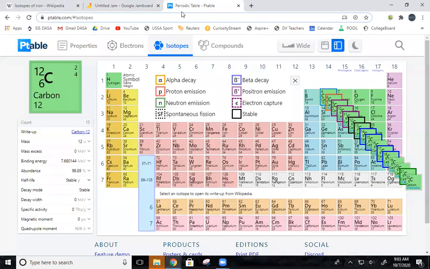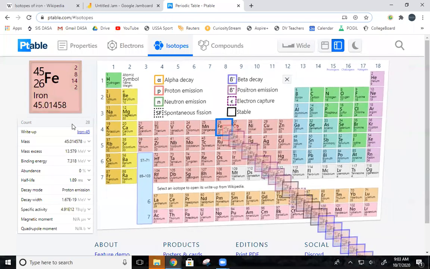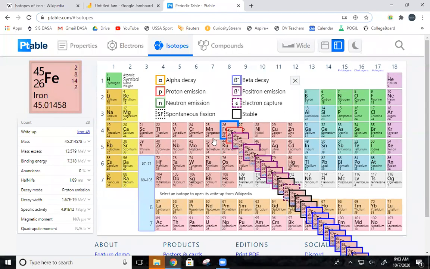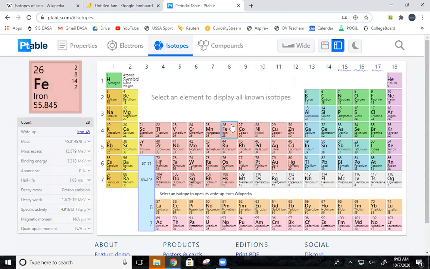So if we go over to our periodic table, iron has an average of 55.875. Me just taking the four most common isotopes of iron, multiplying their abundance by their mass, gave me an average of 55.9, so it was rounded up a little bit.